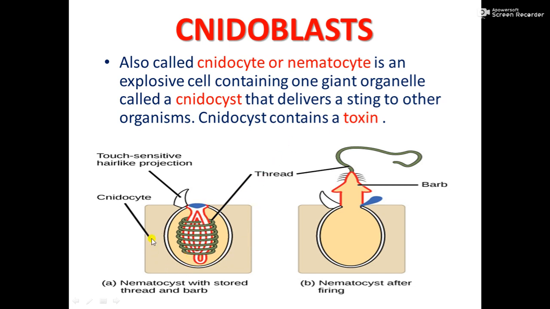This is the whole cell, a nematocyte or cnidocyte. Now inside this is the cnidocyst or nematocyst, which contains a toxin and thread-like structures, and this has a touch-sensitive hair-like projection called a barb.